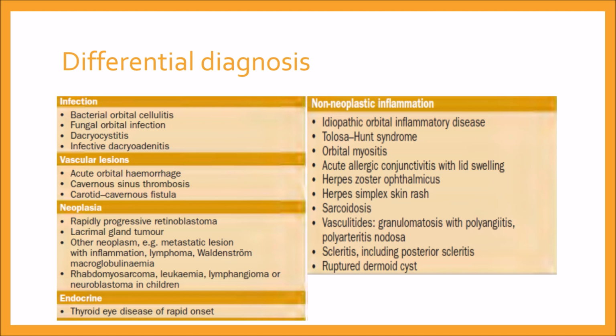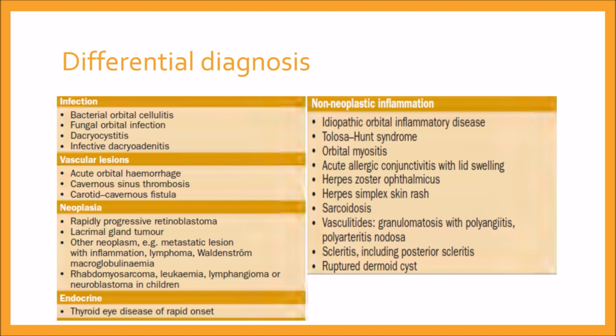In neoplastic lesions, it can be rapidly progressive retinoblastoma, lacrimal gland tumor, other neoplastic lesions such as metastatic lesions with inflammation, lymphoma, Waldenström macroglobulinemia, rhabdomyosarcoma, leukemia, lymphangioma, neuroblastoma in children, or endocrine lesions like thyroid eye disease of rapid onset.